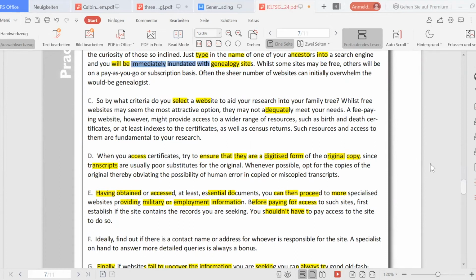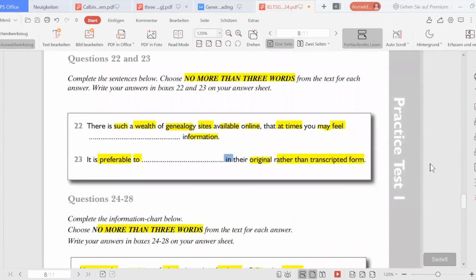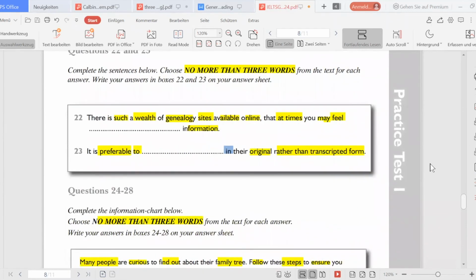We're just picking any noun to see that a noun in this context is not the correct idea, all right? So it is preferable to certificates in the original form rather than transcripted form. Obviously, that does not make any sense. And then let's put a noun substitute from that sentence. It is preferable to substitutes in the original rather than transcripted forms. Do you see that? The it, what is this it? Okay, it's not a full sentence, because if you say it is preferable to substitute, it's not a full sentence because the it is missing.